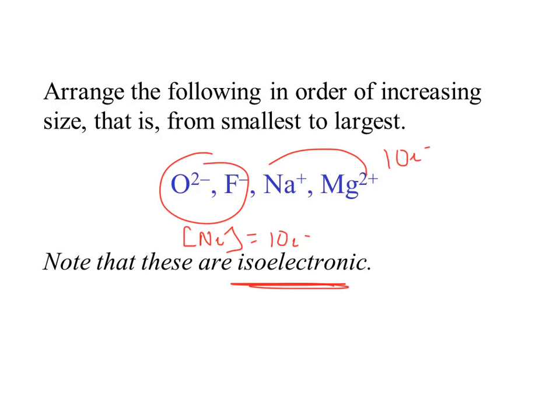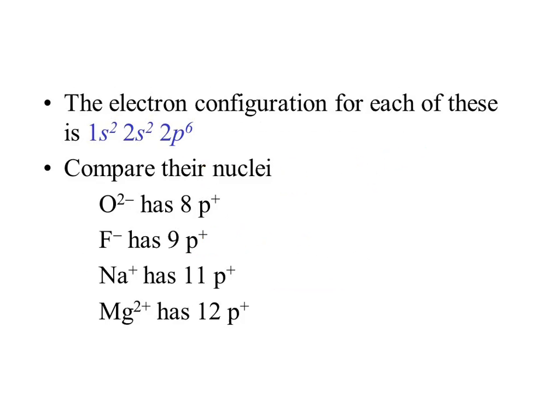So sodium loses its 1 valence electron, goes from 11 to 10. Magnesium loses 2 valence electrons, it goes from 12 to 10. So these are all isoelectronic with the rare gas neon. So if we were going to organize them in terms of size, I know I spent some time talking about Z star, the effective nuclear charge.